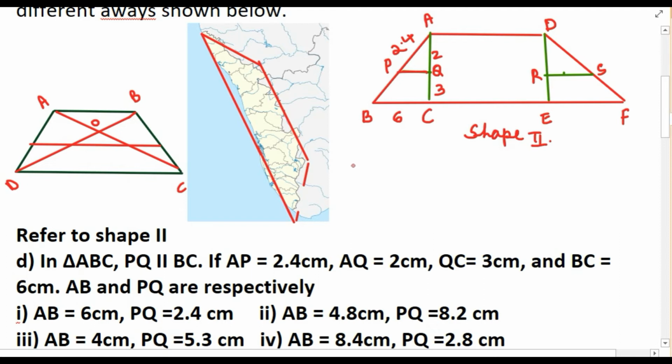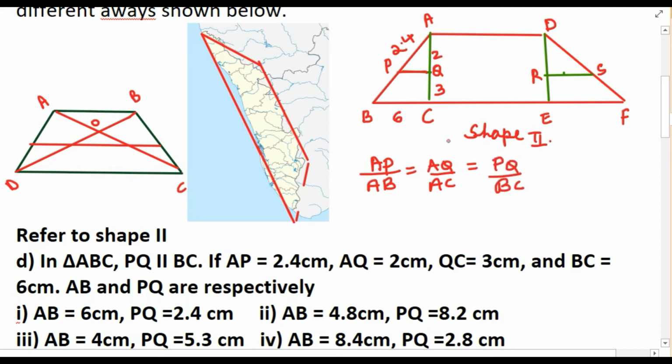We know the corollary of Thales theorem: if PQ is parallel to BC, I can write that the sides of the new triangle formed are proportional to the sides of the given triangle. So I can write AP divided by AB equals AQ divided by AC equals PQ divided by BC.